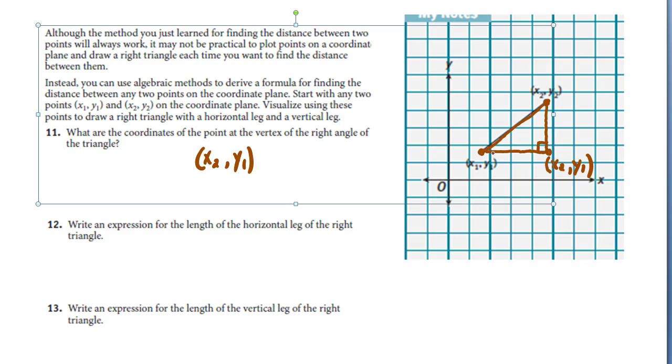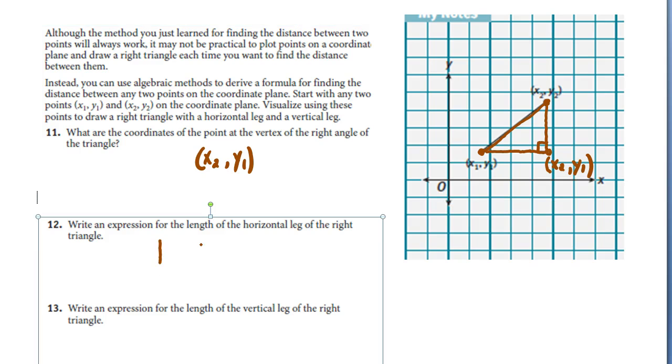Number 12, write an expression for the length of the horizontal leg of the right triangle. So we want to find out how long this is. We're going to use the same technique as the last example. It will be the absolute value of the difference of the x coordinates. So x2 subtract x1 is one way to find the difference of those numbers. Now number 13, write an expression for the length of the vertical leg.